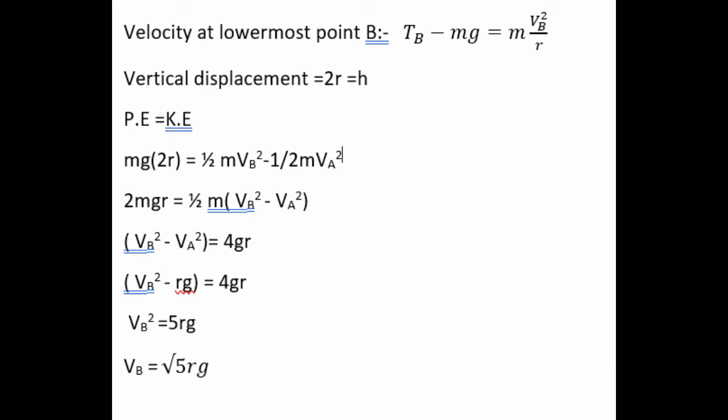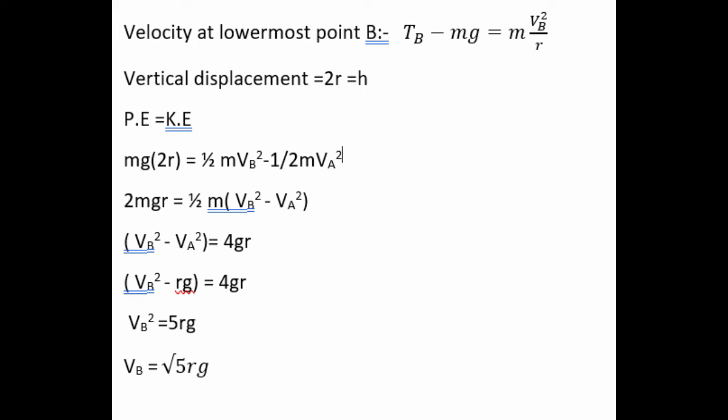Cancelling m on both sides, we can write vb square minus va square is equal to 4gr. Substituting va as square root of gr, we can write vb square is equal to 5rg, or vb is equal to square root of 5rg. This is the velocity with which the object should travel so that it can perform the vertical circular motion.